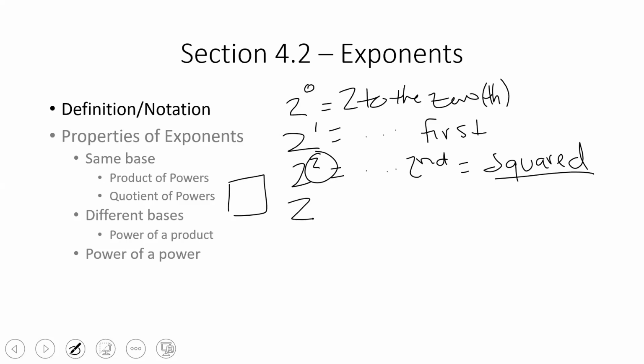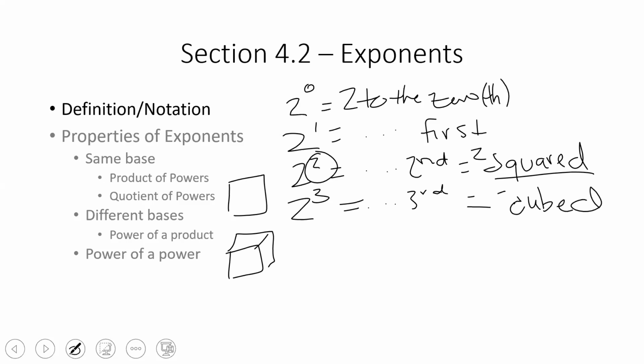If we have 2 to the third, now we're thinking of 3-dimensional. So notice what I drew here was a cube. So we would say 2 cubed. Anything after that, we're just going to say the base raised to the exponent power. So this would be 2 to the fourth and so on.